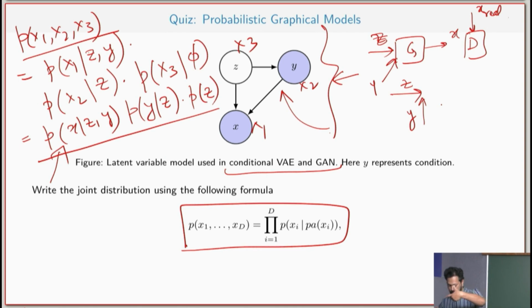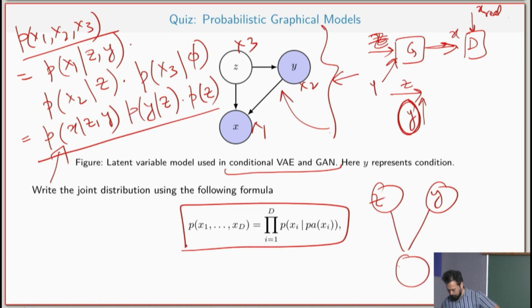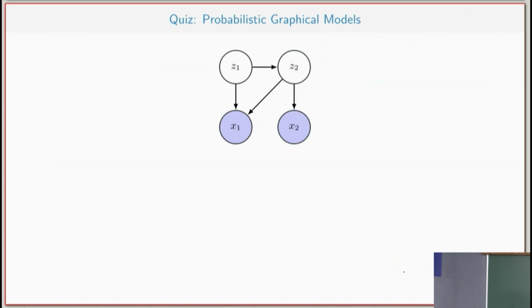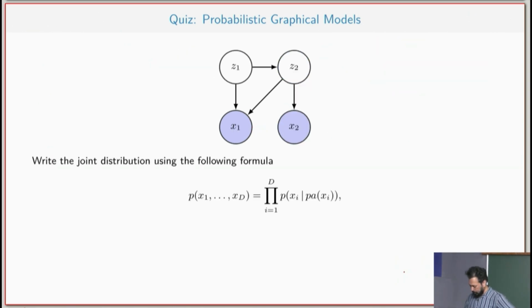Z influences x, I agree, because z will also decide what type of x will be produced. This makes sense to me: z and y together influence the generation of x. So this is one case, and you may do some more practice like this.